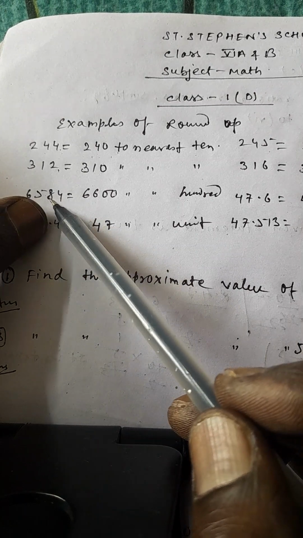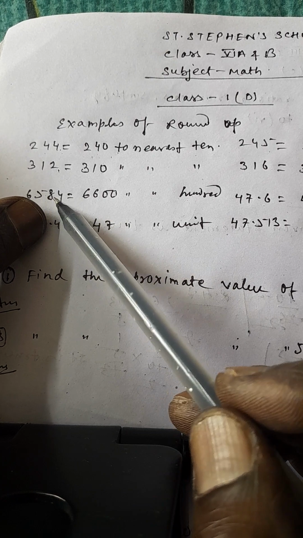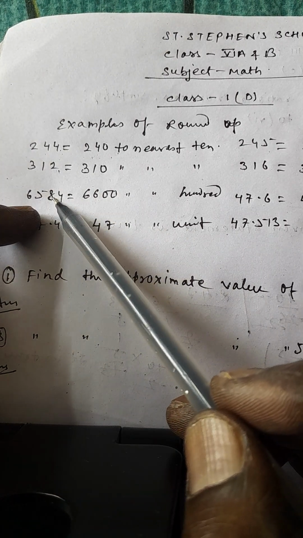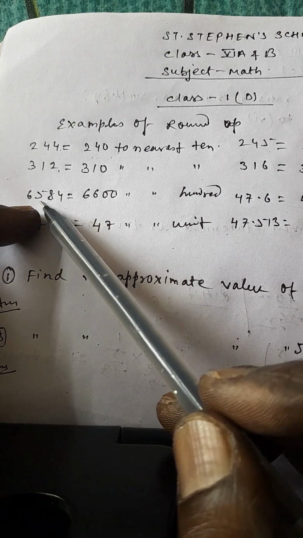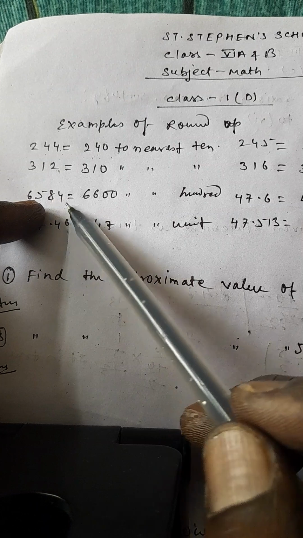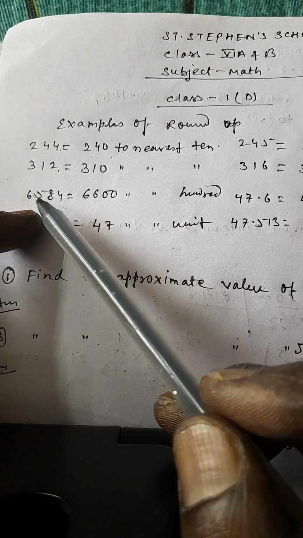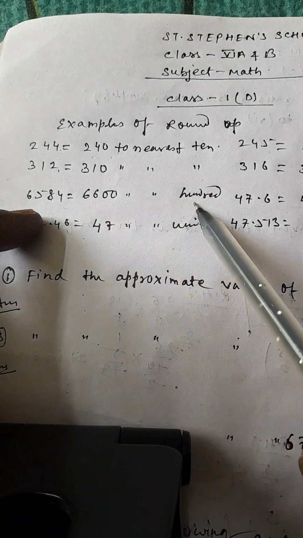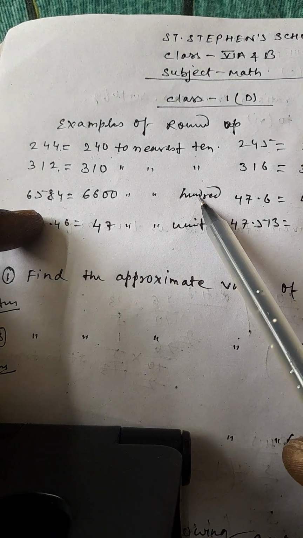So what we will do, if any number will be more than 5, then we will increase one value of the 100 place. So the 100 place will be 600 and this will become 0. So the nearest value of 6584 will be 6600 in 100 place.